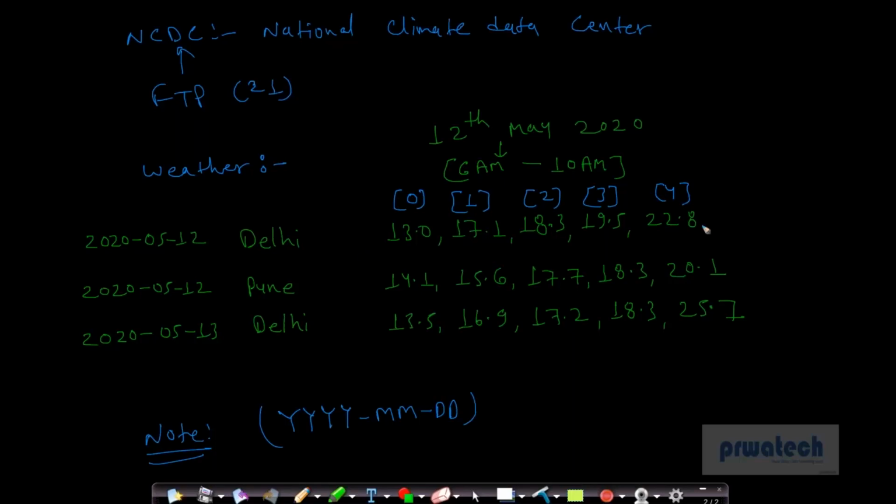If you are not matching the total number of elements, maybe Delhi has 5 results from 6 to 10, Pune has only 6 to 8, and Delhi again the next day has 6 to 2 p.m., then if you're indexing and running a query, some cities will give you data and some will give you null. That's why I try to match the number of elements in all rows.